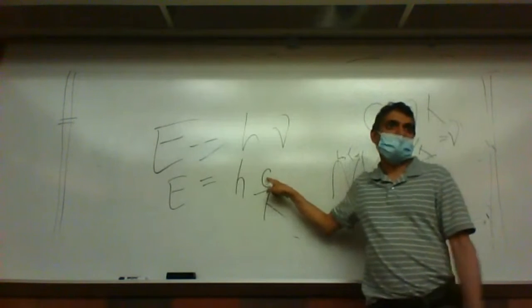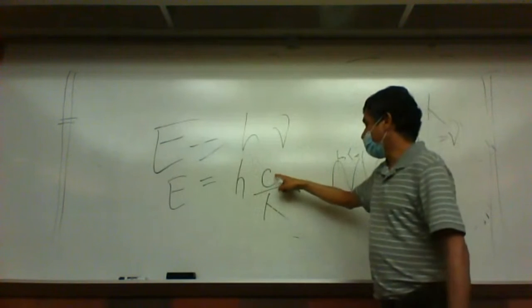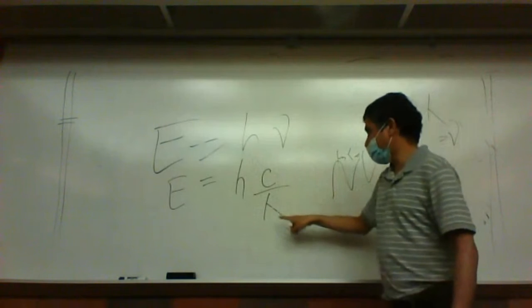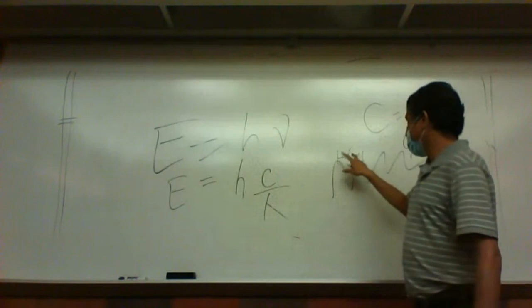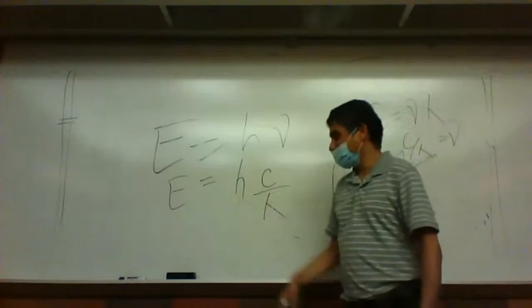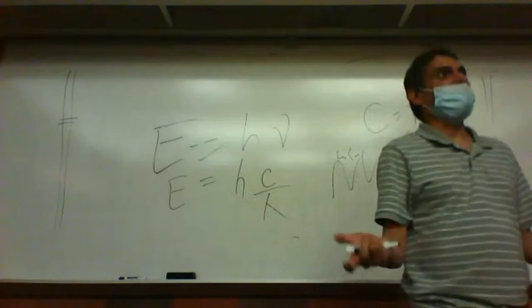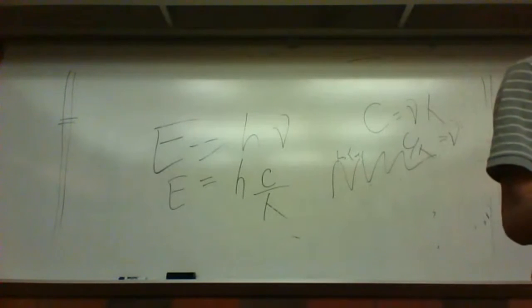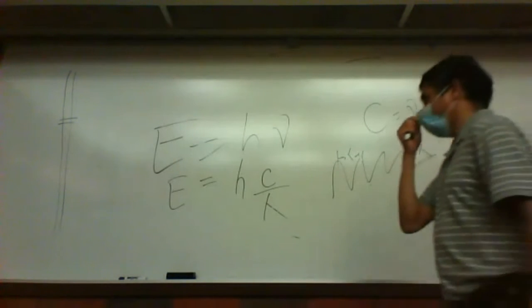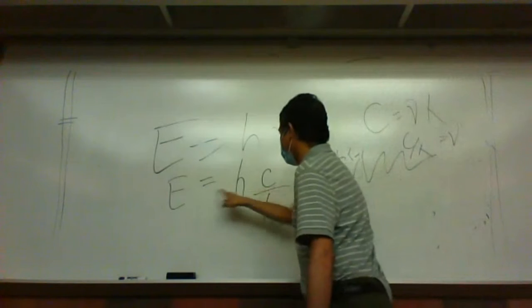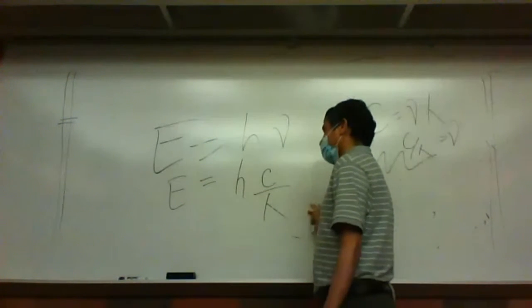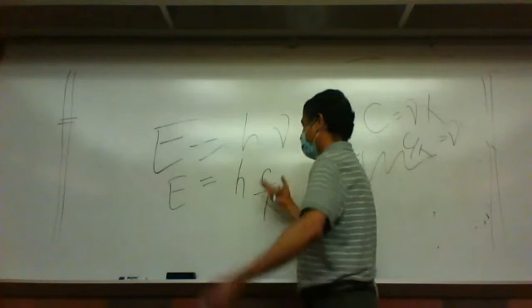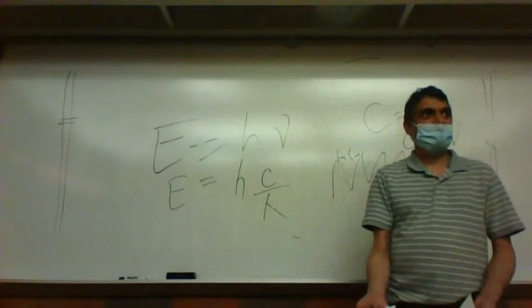H is 6.62 times 10 to the power minus 34. So if the energy is given, out of these four things, you already know three, and you just need to calculate one, right?